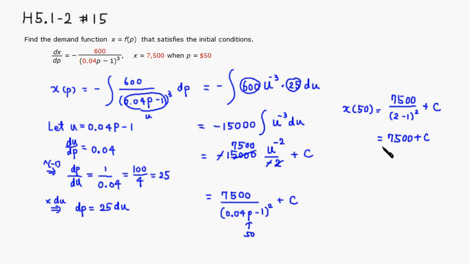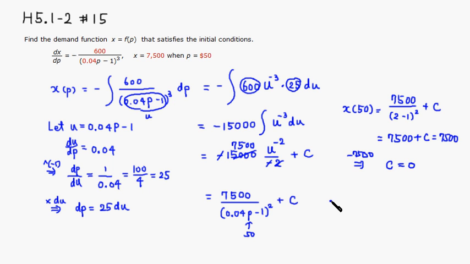When p is 50, x is supposed to be 7,500, so we set this equal to 7,500. Luckily, if you subtract 7,500 from both sides, c happens to be 0.